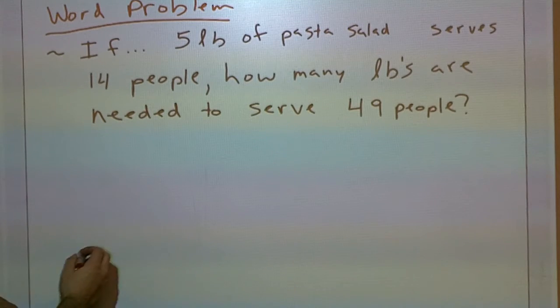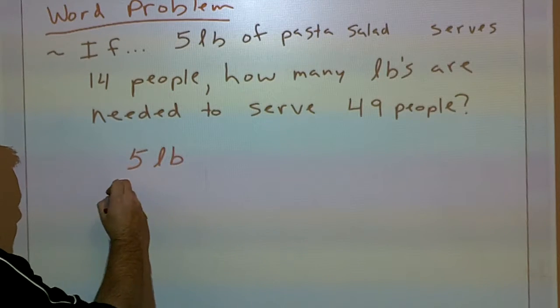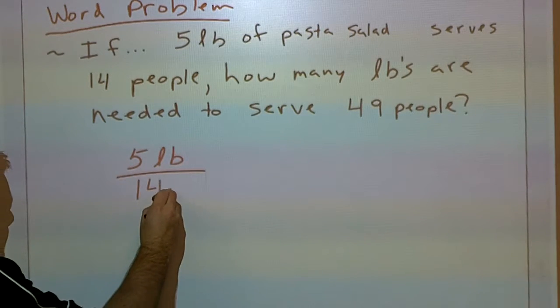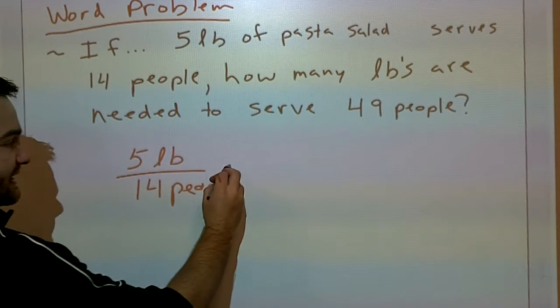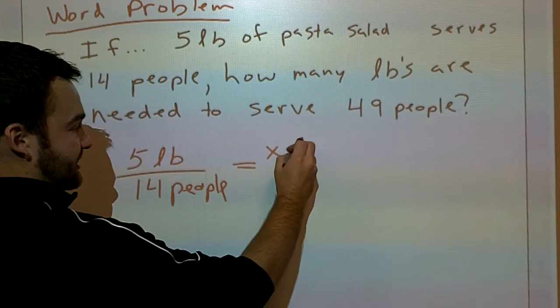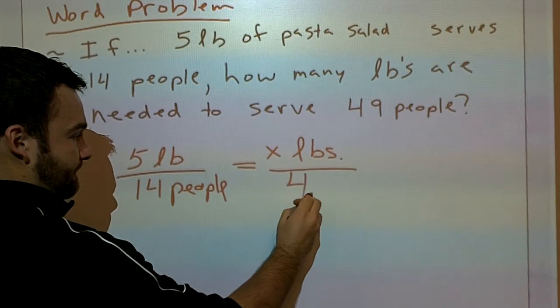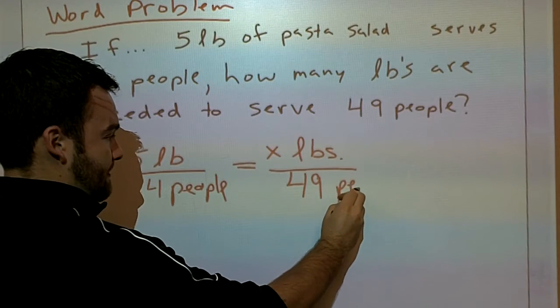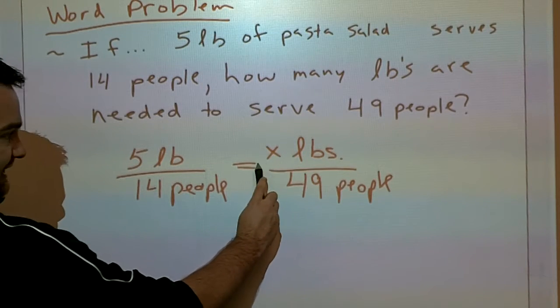The proportion will look like this. 5 pounds serves 14 people, and we're going to set that equal to x pounds, because that's what we're trying to solve for, to serve 49 people. Okay, so now we've got this proportion. We need to solve for this x value.